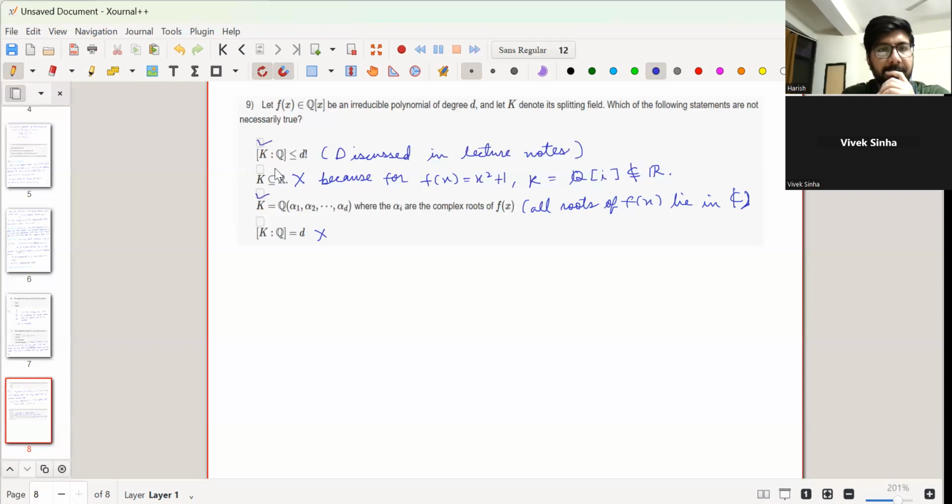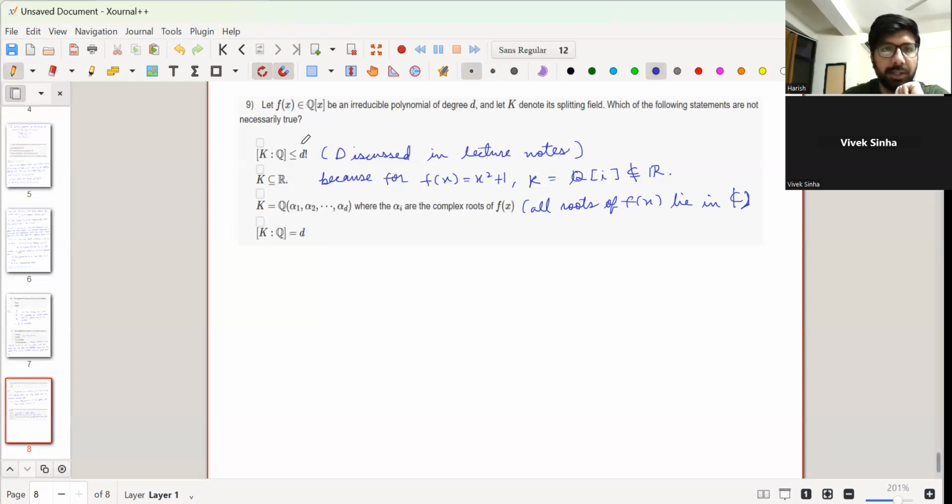And the second part is: which of the following are not necessarily true. In the question, which of the following are not necessarily true? Yes. So the first part is okay. I am maybe writing it in the opposite direction.